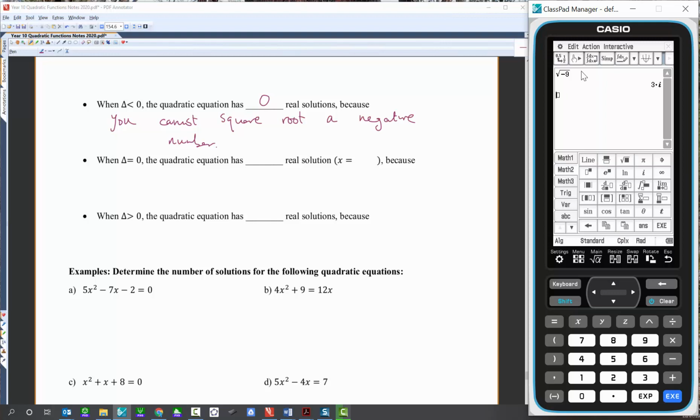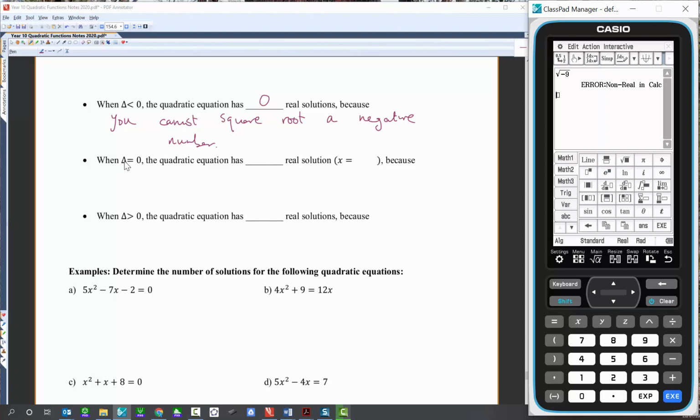That is because in specialist maths, they've introduced a situation where you can square root a negative number, and they call that the imaginary number system. But here in Year 10 Maths, or in Maths Methods anyway, we work in the real number system, which says that there's no such thing as an imaginary number. So we are going to work with that.